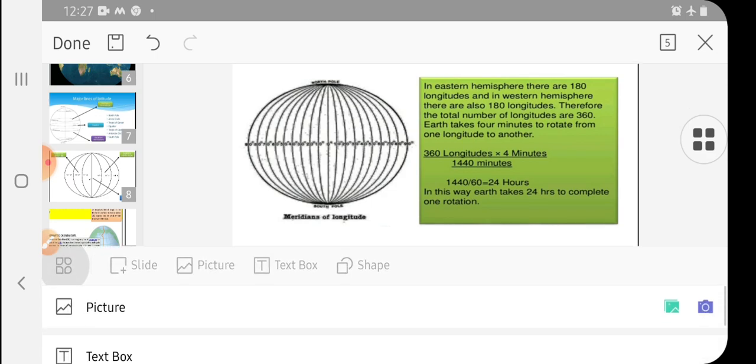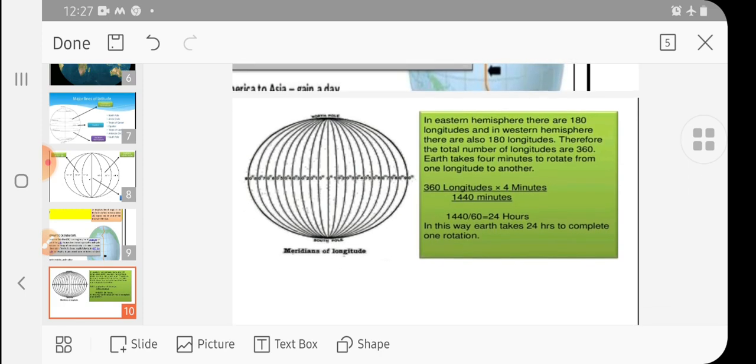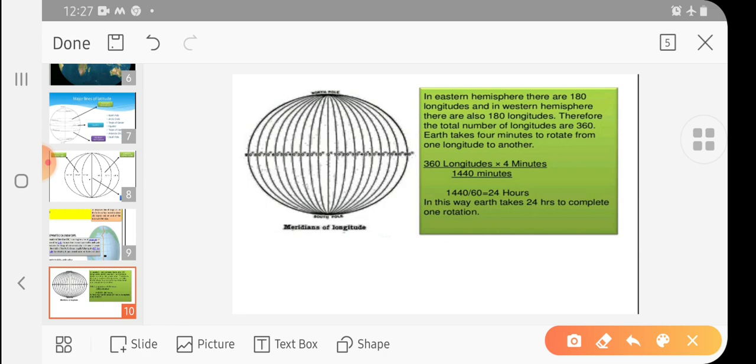So when we say this is the globe, and this is the prime meridian, and 180 lines are here.